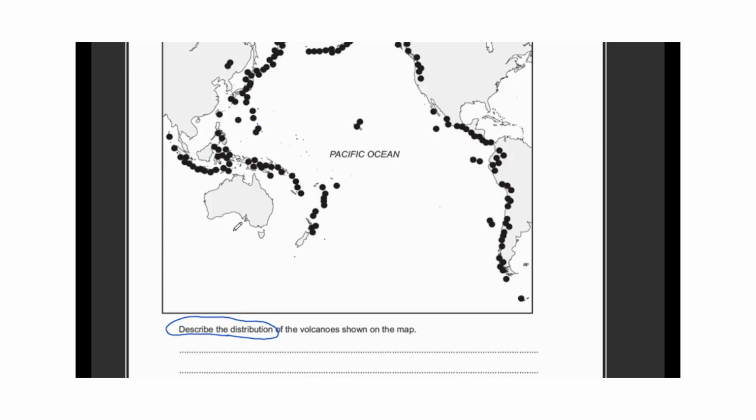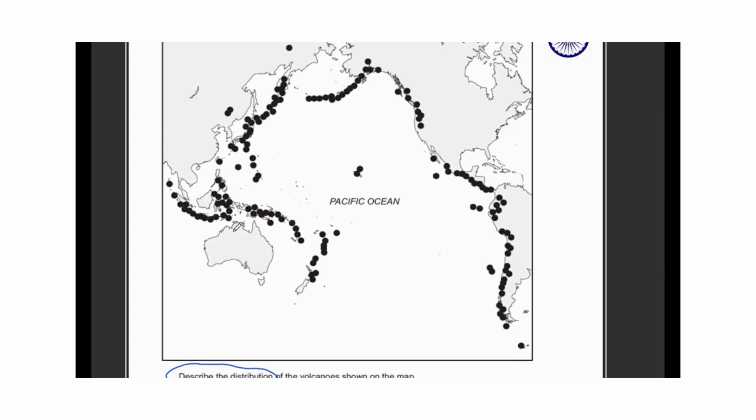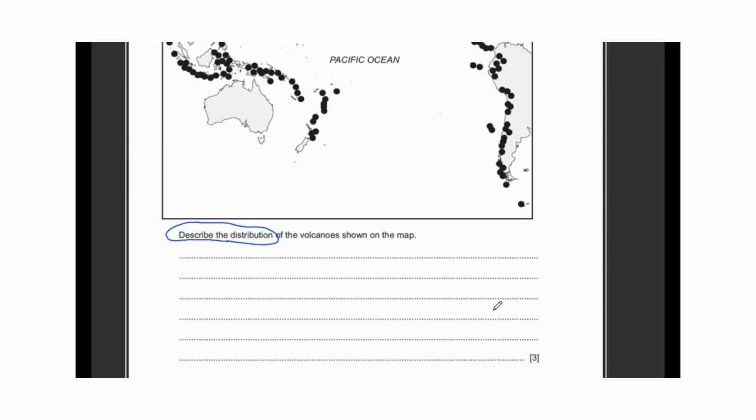So first thing, where are the volcanoes? Most of the Pacific area, right? Or we write: more volcanoes are around the perimeter of the Pacific Ocean.